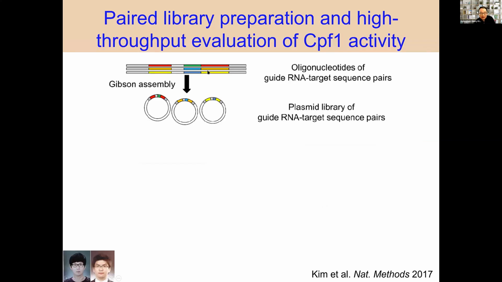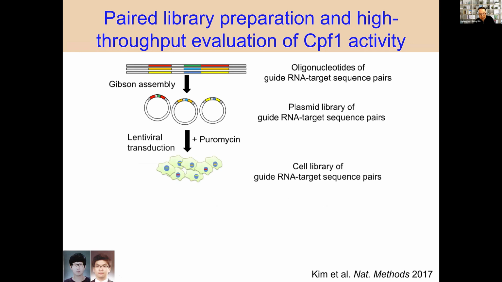From these oligonucleotides, we generate the plasmid library of guide RNA and target sequence. From this plasmid library we generate lentivirus, which was transferred into 293T cells to make a cell library. So in this cell library, each cell contains different guide RNA encoding sequence, and also they contain the corresponding target sequence.